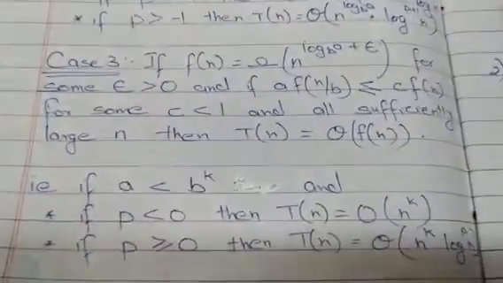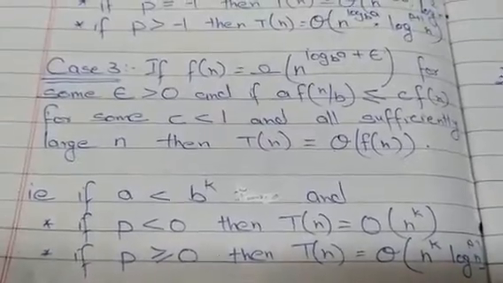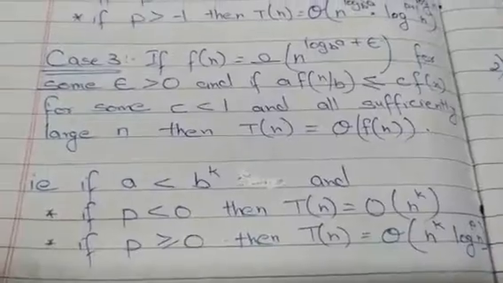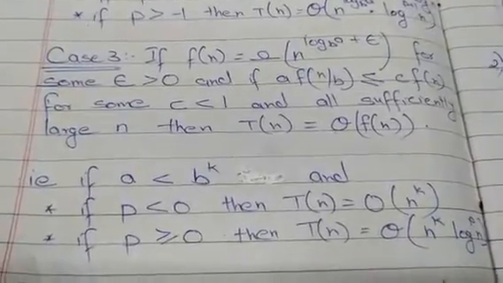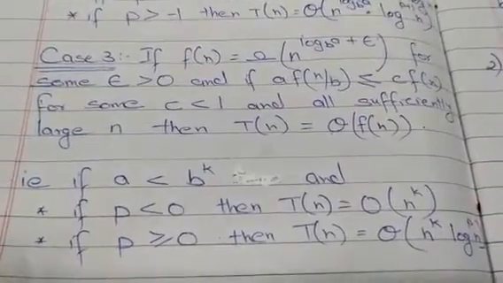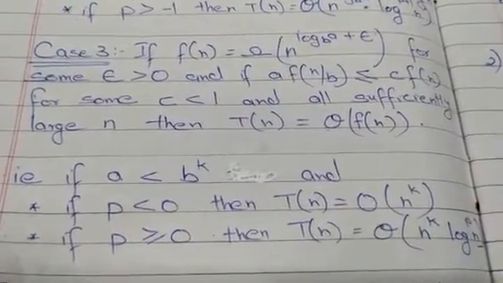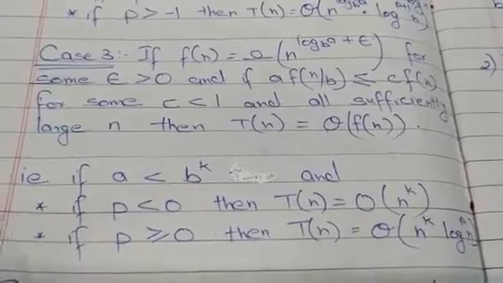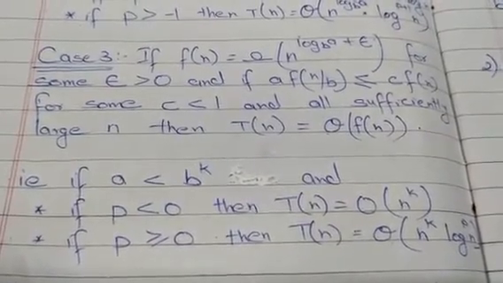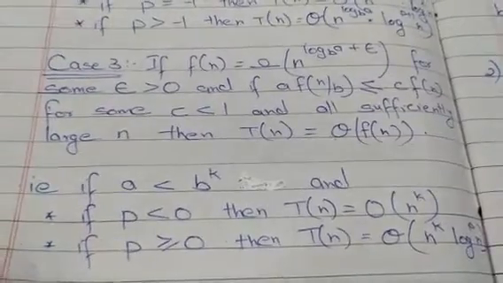Okay. Now the third case is if f of n is equal to omega, you needn't bother about omega, theta and big O. If it is time complexities of this order, you will understand when we come to the examples. If f of n is equal to omega n raised to log a to the base b plus sigma.